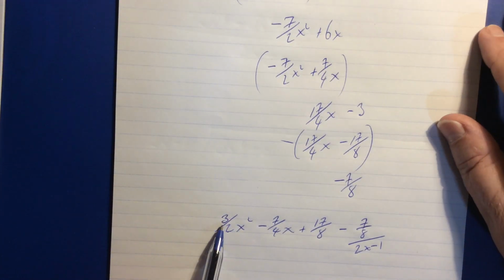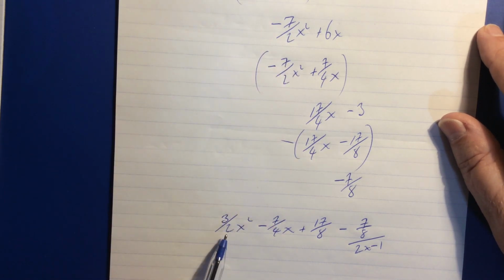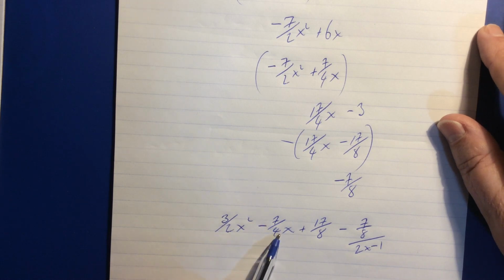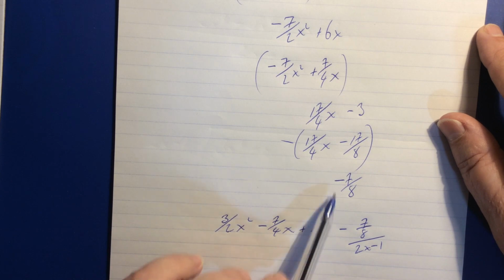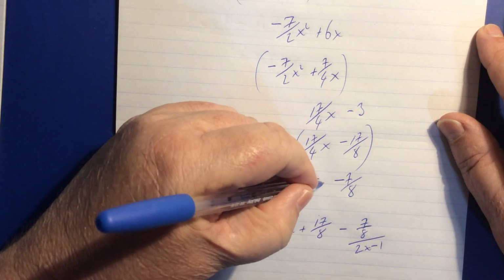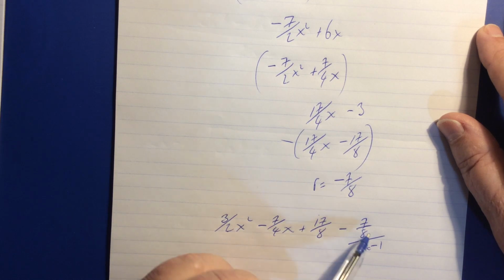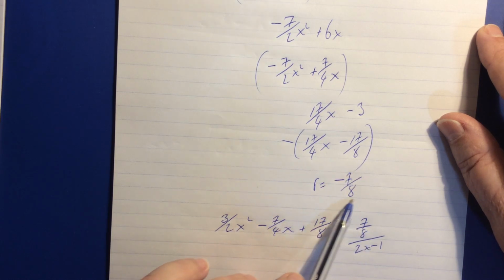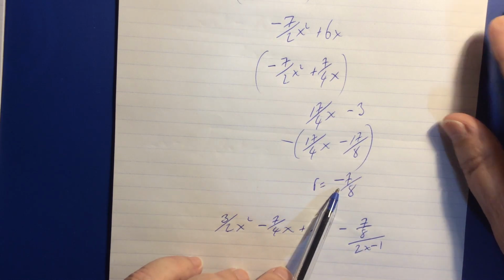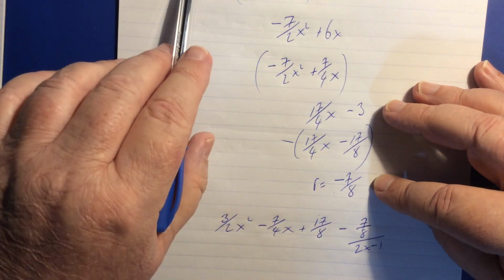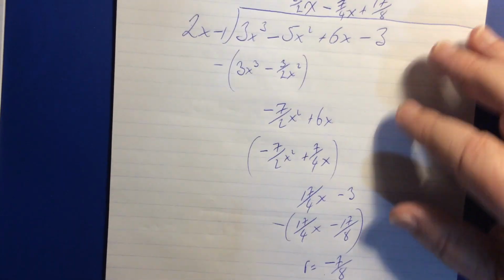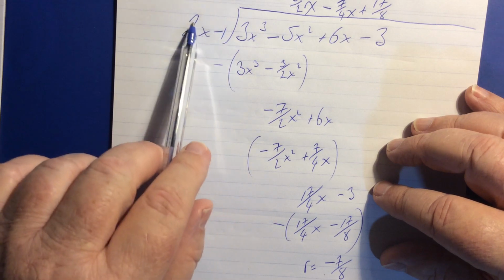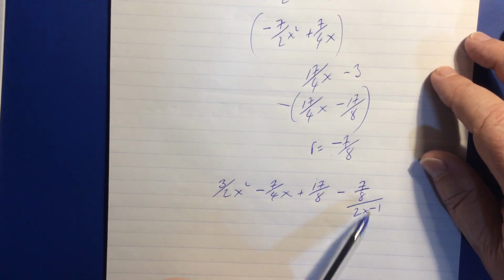Now, as you saw up the top of this page, 3 on 2x squared minus 7 on 4x plus 17 on 8, and I had this remainder. This is the remainder. And how we deal with remainders is we either note them like this, or we divide them by this. And that's what I've done here.